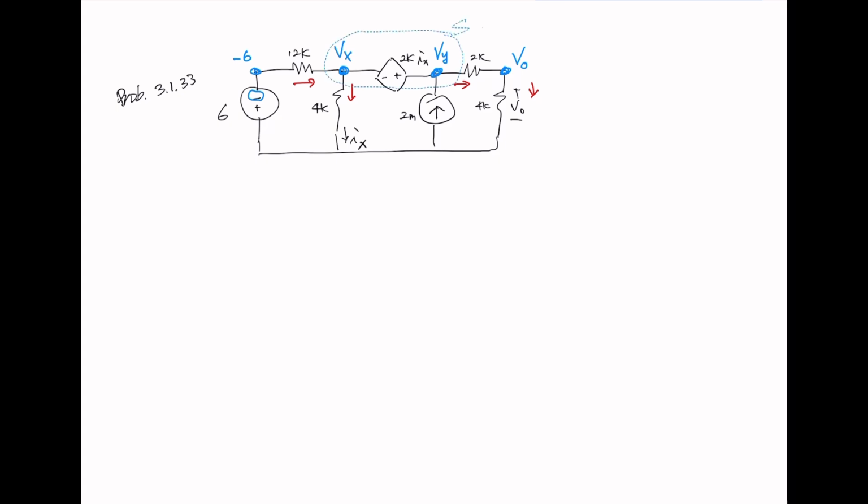So this is the supernode. First, KCL at the supernode: entering, -6 minus Vx over 12K. There's one more entering, the 2 milliamps plus 2 milli, and then leaving from Vx over 4K plus Vy minus V0 over 2K.